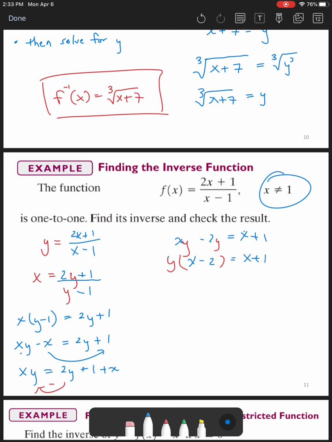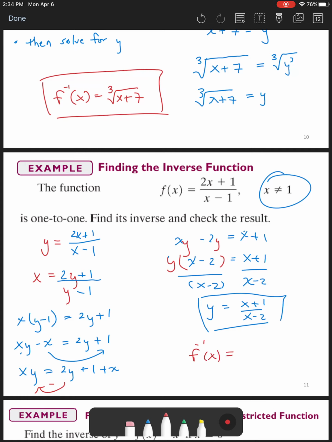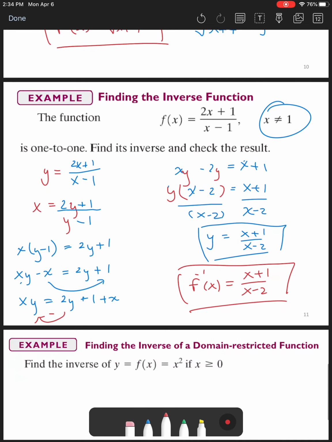Now we have y times x minus 2. We want to get y all by itself. Divide each side by x minus 2, and we have y equals x plus 1 over x minus 2. Your inverse is f inverse of x equals x plus 1 over x minus 2.